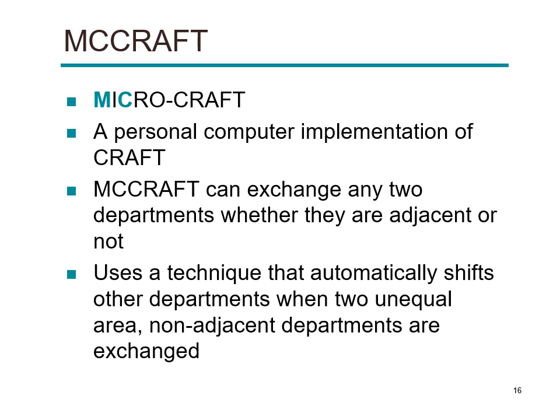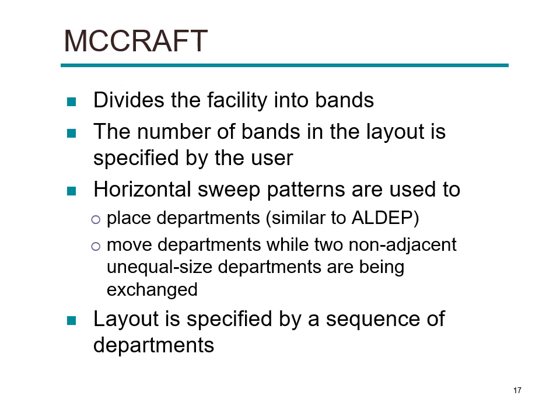Okay, and in such a case, if you exchange 2 departments which are not sharing a border and are not the same size, MCCraft automatically shifts the other departments with respect to this exchange. In some sense, MCCraft's method is similar to ALDEP.